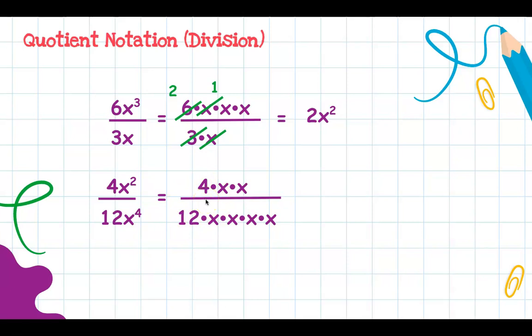And what you do is get the simplest form of the fraction. So both terms are divisible by 4, so I can use 4. So 4 divided by 4 is a 1, and 12 divided by 4 is a 3.